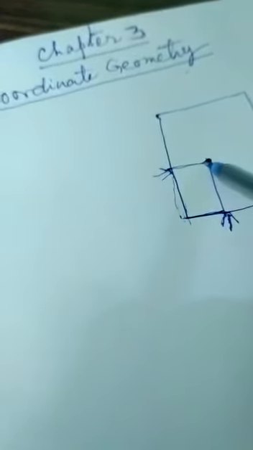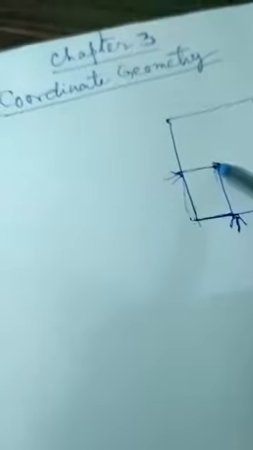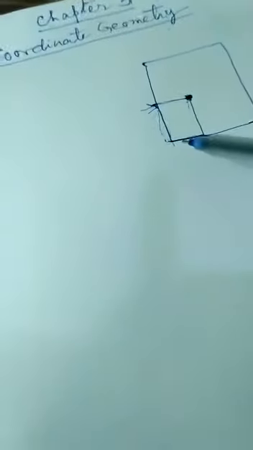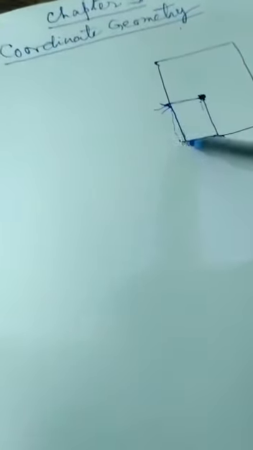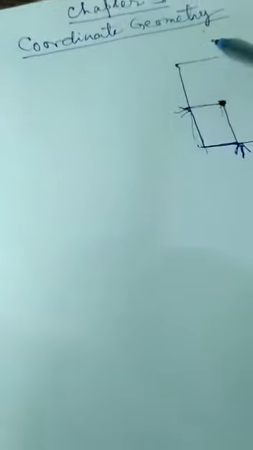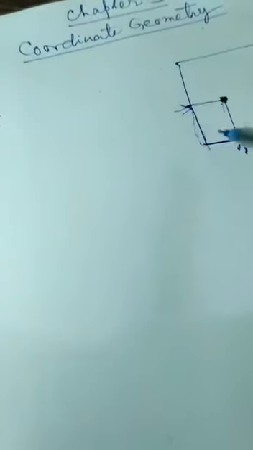So this lamp is this distance from this point and this distance from this point. So the position is told not in one way, but in two ways: this distance and this distance. So this is called coordinate geometry. It means the position of any point or anything is told in two ways, that is coordinate geometry.